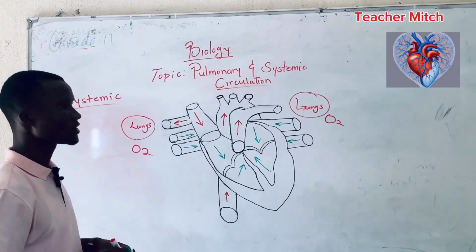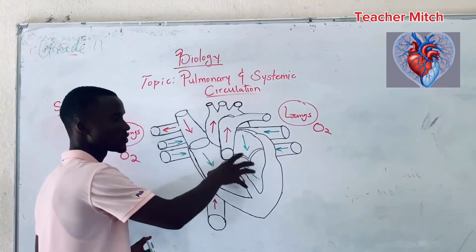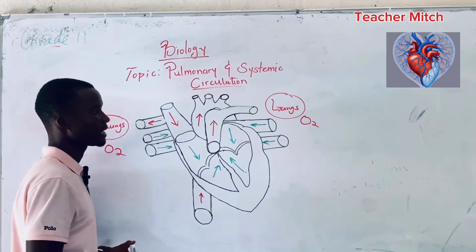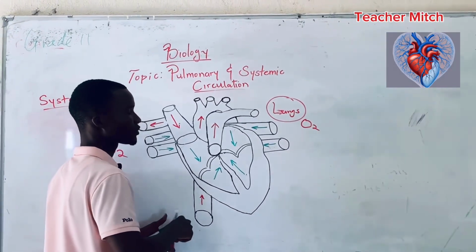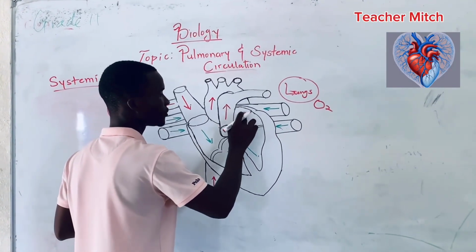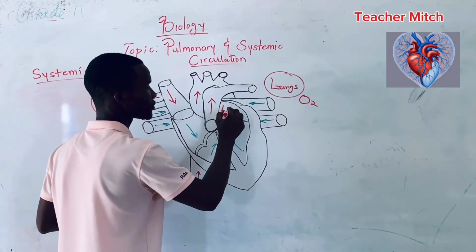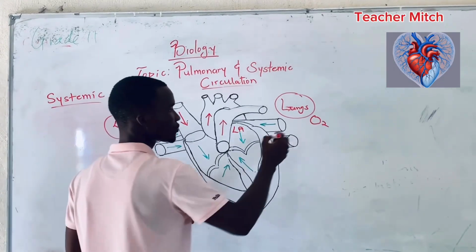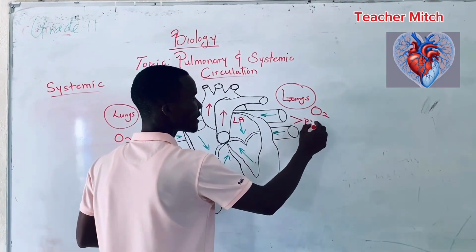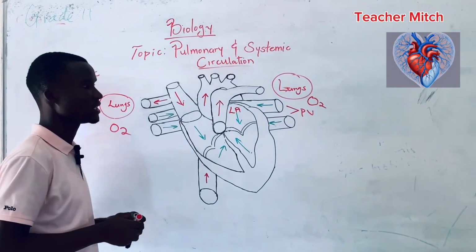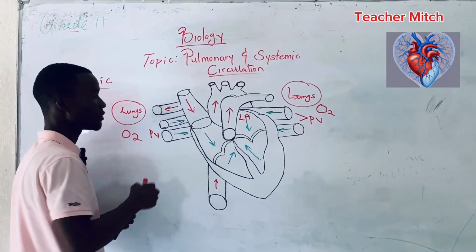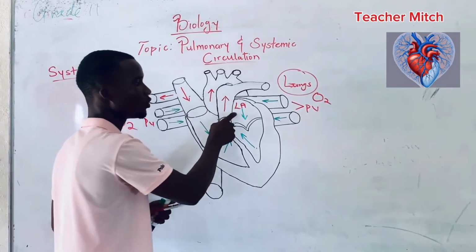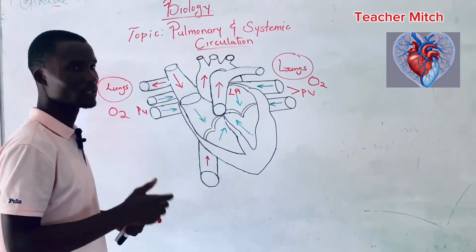The oxygenated blood returns to the heart, to the left atrium, so that the heart can pump it back to every part of the body. These are called pulmonary veins, or PV. The pulmonary veins return the oxygenated blood from the lung to the left atrium of the heart.